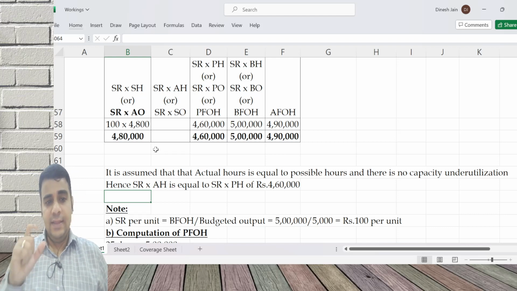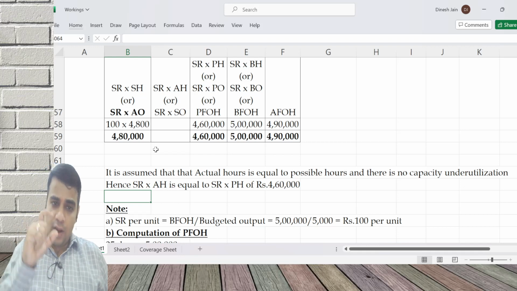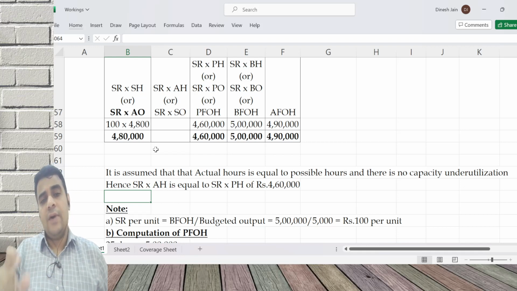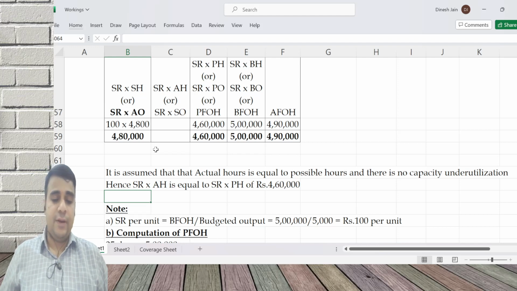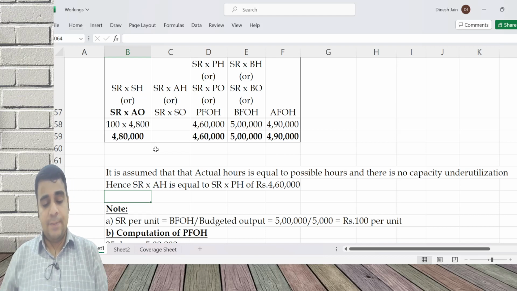That is, in the company, we have worked for whatever possible hours, or produced whatever is possible output. In short, SR into AH or SR into SO is equal to SR into PH or SR into PO or PFOH. Once you take this assumption, capacity variance will become zero.